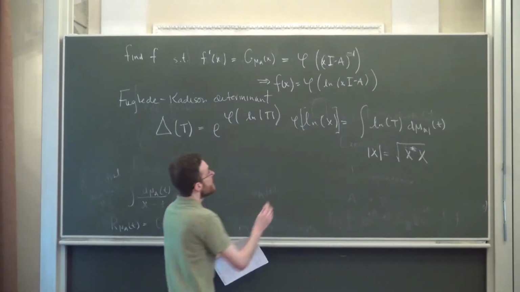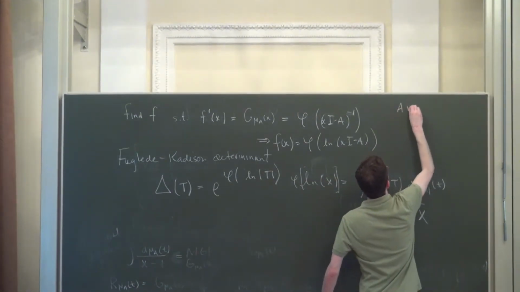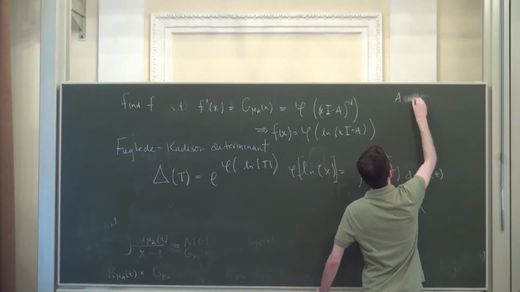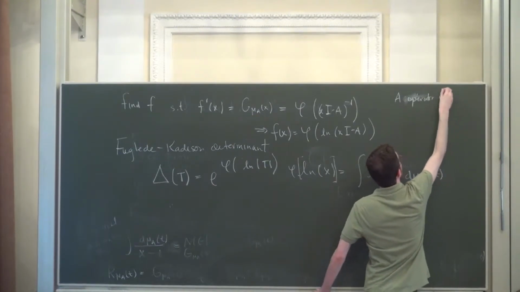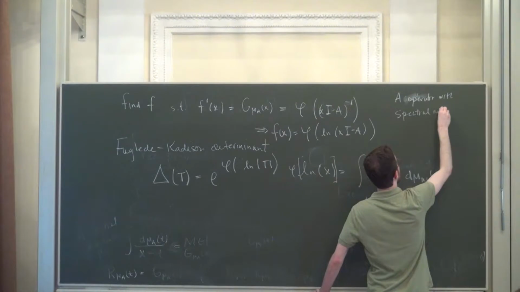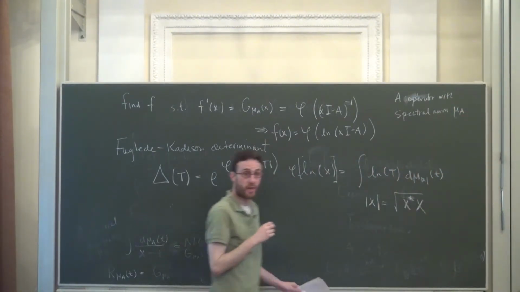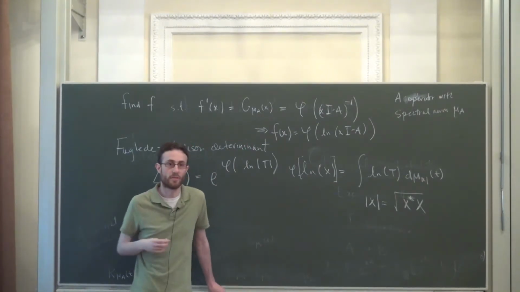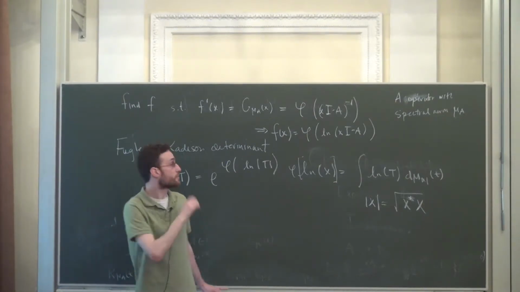I'm sorry. A is a matrix, or let's say an operator with spectral measure mu A, and mu A is a spectral measure, I'm sorry.